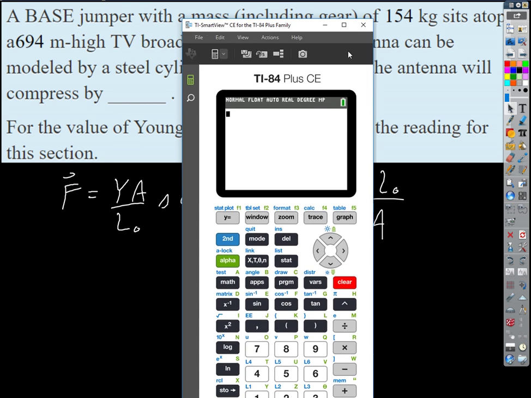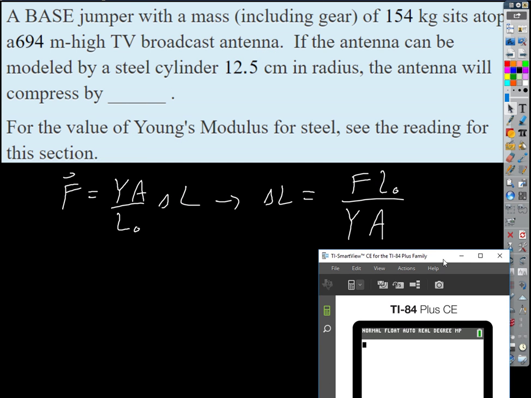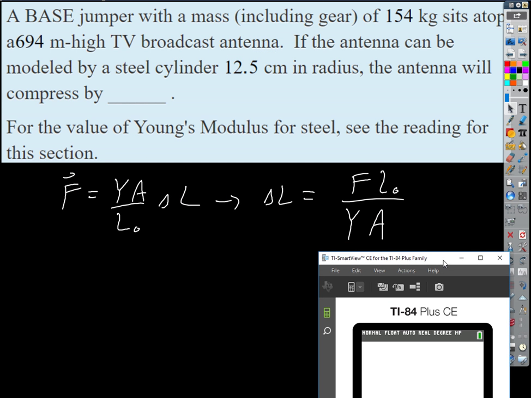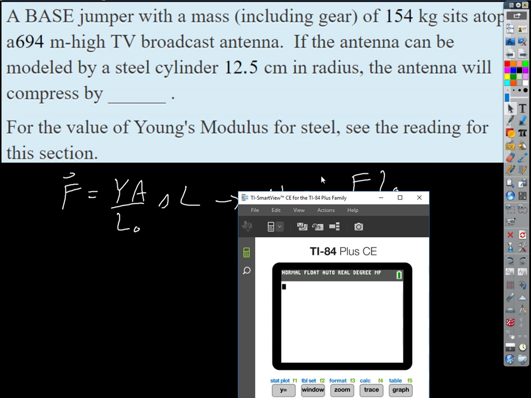Okay, so what do we put in for force? What's the compression force here? Force of the base jumper? Yeah, his weight, right? So just 154 times 9.8.